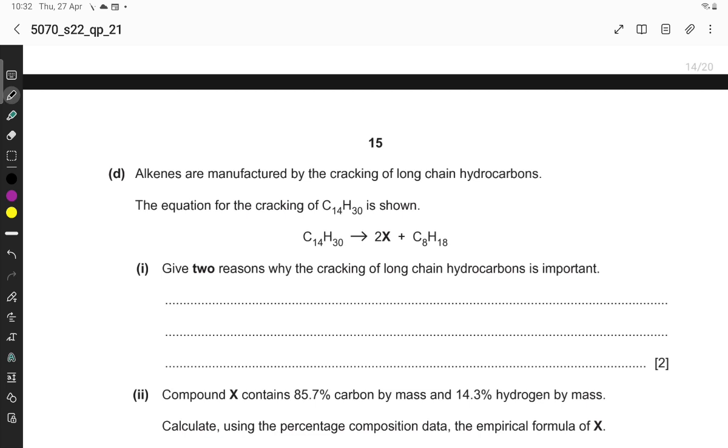Give 2 reasons why alkenes are manufactured by the cracking of long chain hydrocarbons. The equation for the cracking of C14H30 is shown. Give 2 reasons why cracking of long chain hydrocarbons is important.